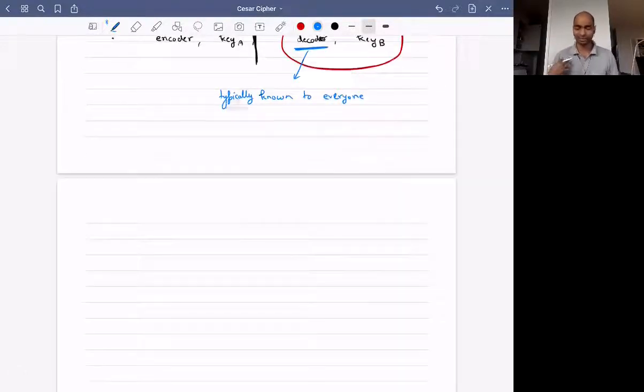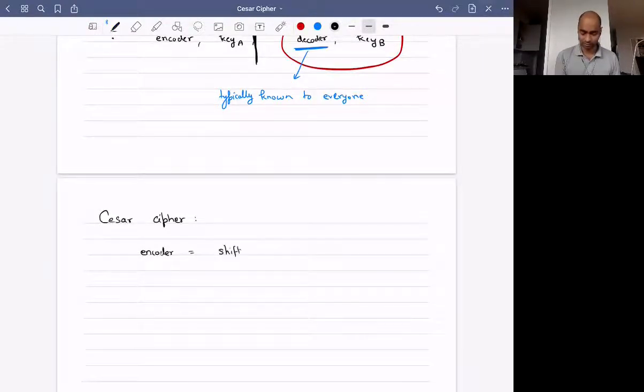Now, having said that, we'll start with a system that is almost trivial to break, but we have to start somewhere. So we'll do a Caesar cipher. And so the encoder for this system is shift right by key A. Oh, for this system, you have key A is equal to key B. Okay, so Alice and Bob share the same key.